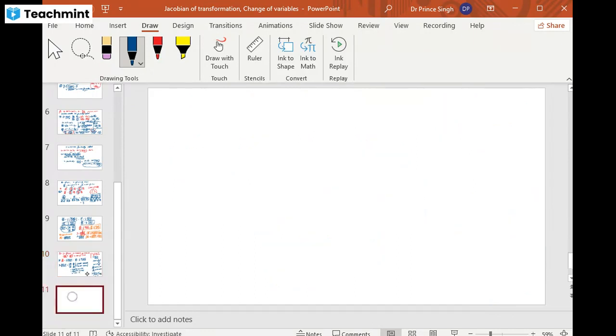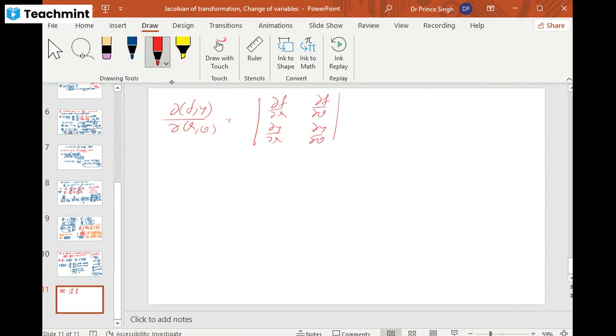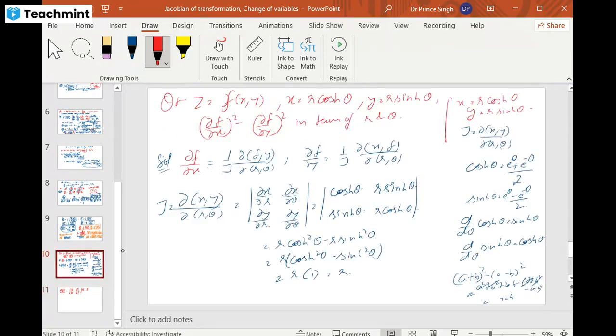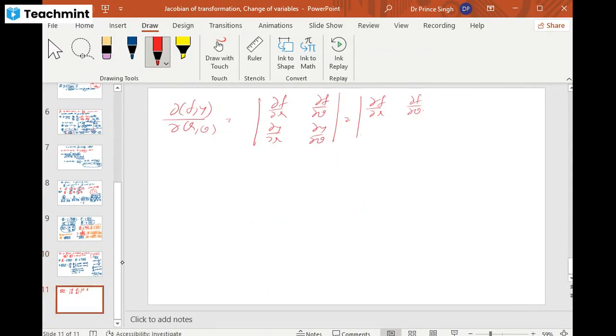But now I need to find Jacobian of f, y with respect to r and theta. Because f is unknown, this is curly f upon curly r, curly f upon curly theta, curly y upon curly r, curly y upon curly theta. So simply the first row has no change, it remains the partial derivative only. The second row is sine hyperbolic theta and r cos hyperbolic theta.